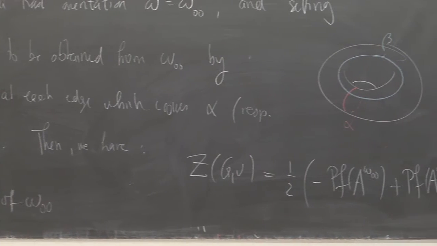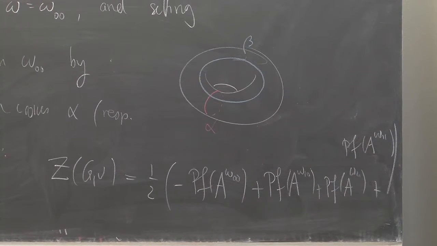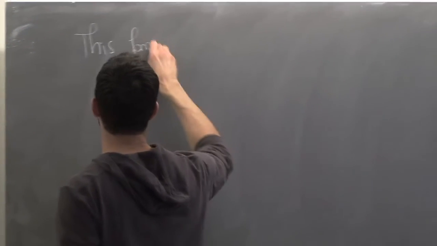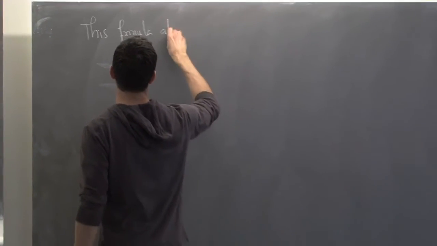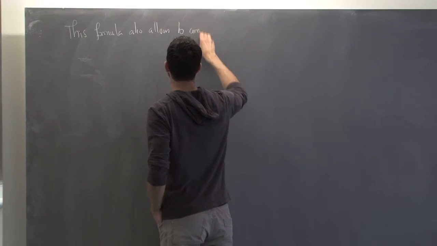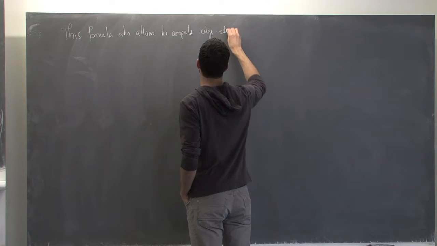And so I want to finish this part by talking a little bit about edge-edge correlations. I'm not going to say much, but this formula also allows to compute edge-edge correlations as follows.